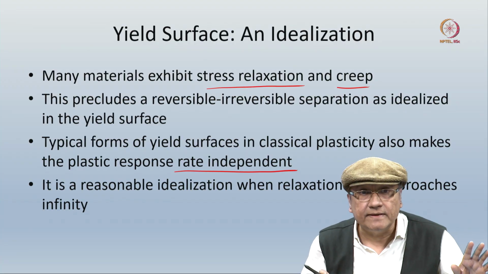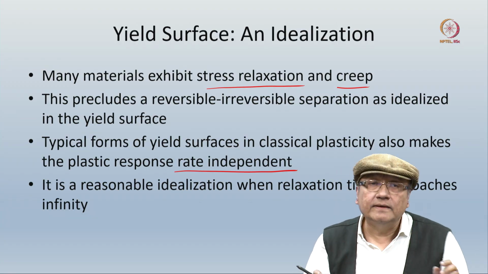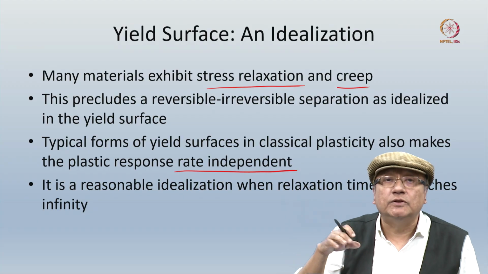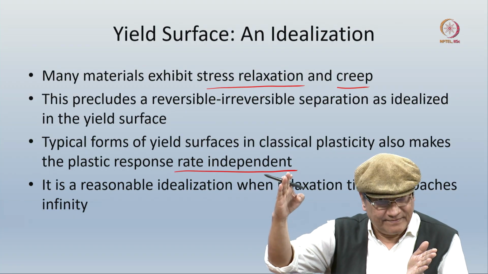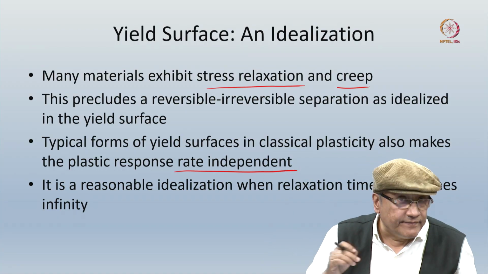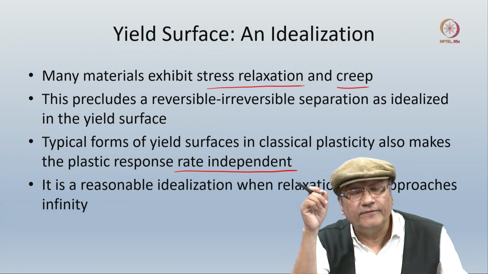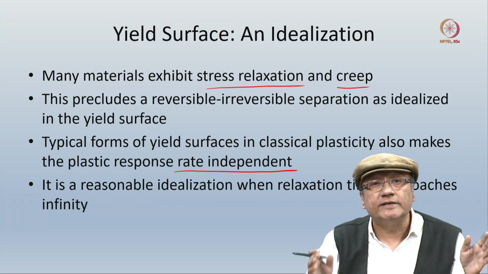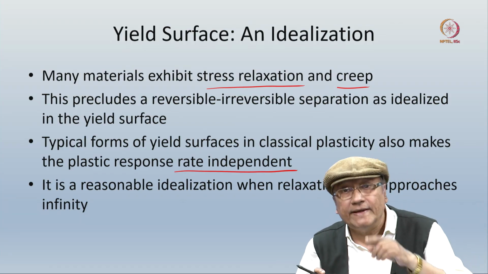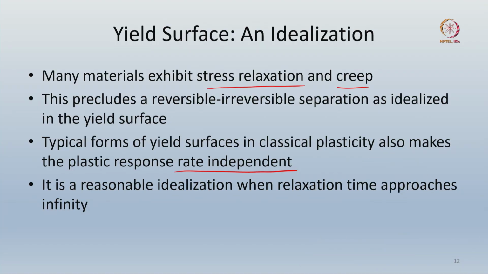For the time being, let us understand that rate independence is that property of plasticity wherein, irrespective of the rate of loading, provided the initial value and the final value of the load remain the same, irrespective of how fast you go from the initial to the final stress, the constitutive relation relating the stress to the strain rate remains independent of that. So it is independent of the stress rates, or the loading rate.